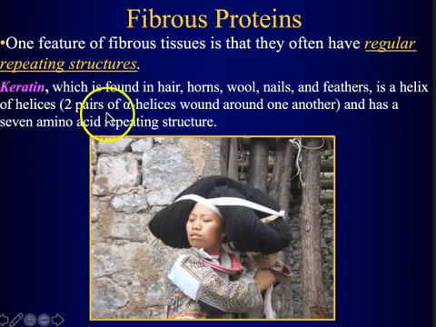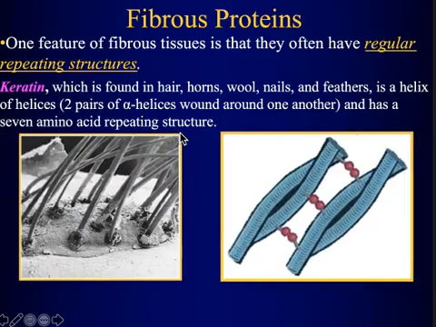It's two pairs of alpha helices wound around each other, and each one has 7 amino acids per repeating structure. Here are those two alpha helices interacting, and then they interact with each other. This is the actual structure for our hair.